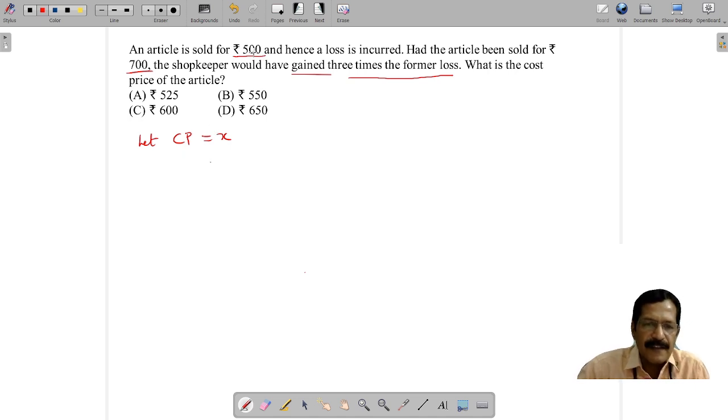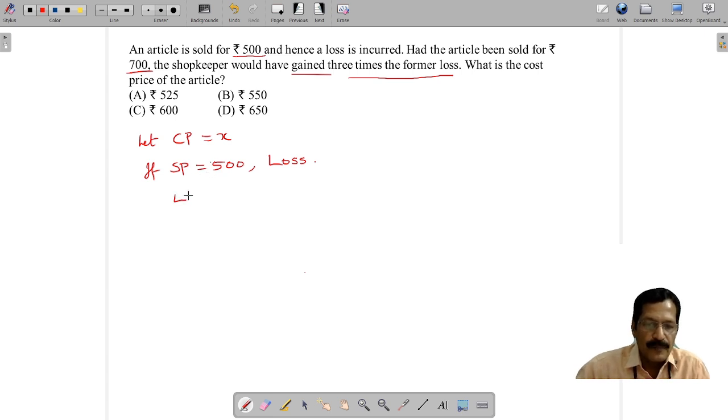In the first transaction, if the selling price is 500, a loss happens. So definitely the cost price should be greater than the selling price.